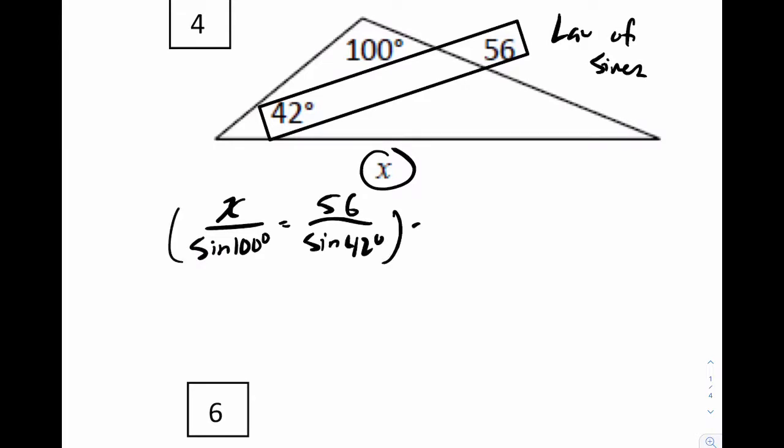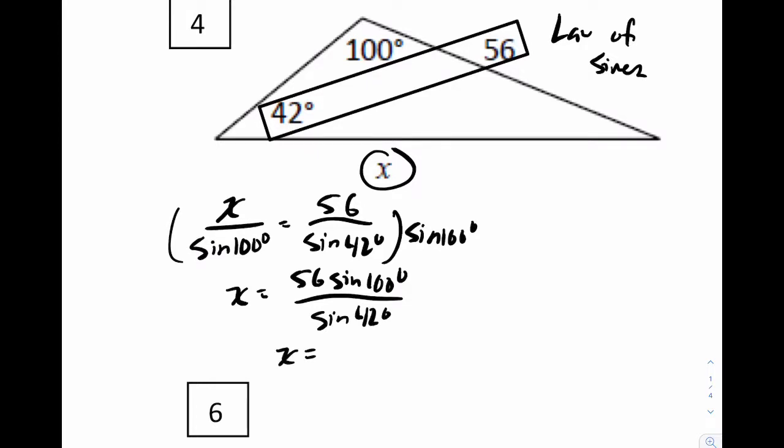Let's multiply by sine 100. So x must equal 56 sine 100, all divided by sine 42. You plug that in your calculator, and you get 82.42.